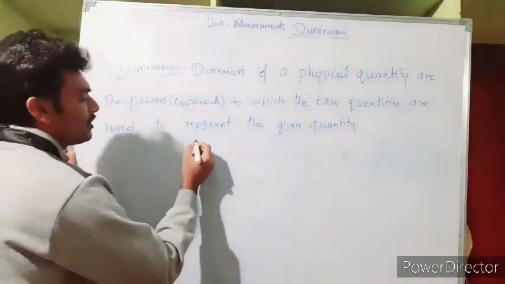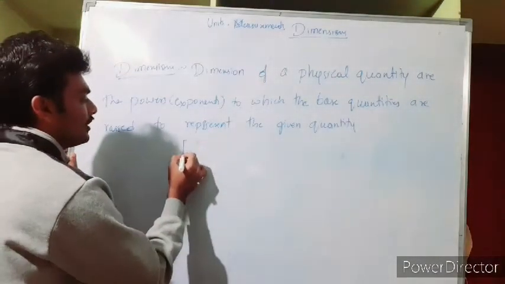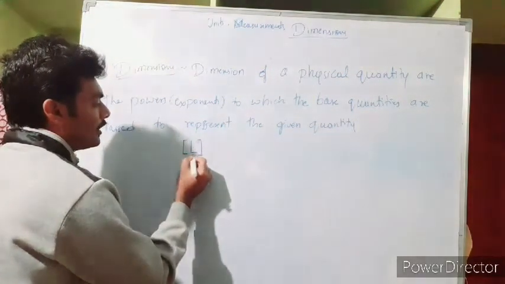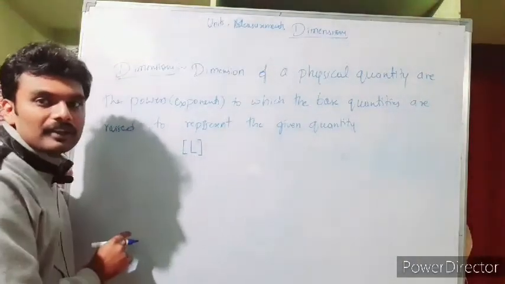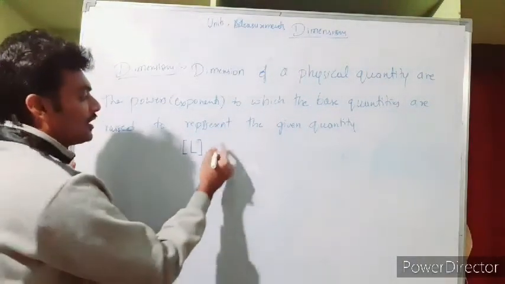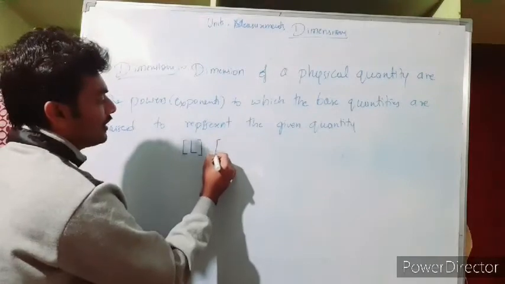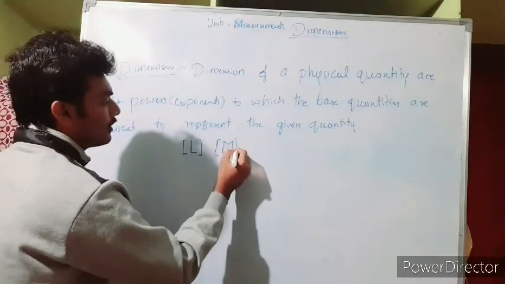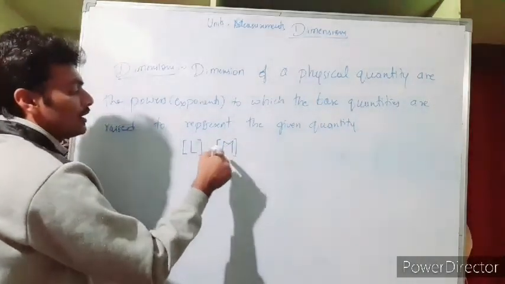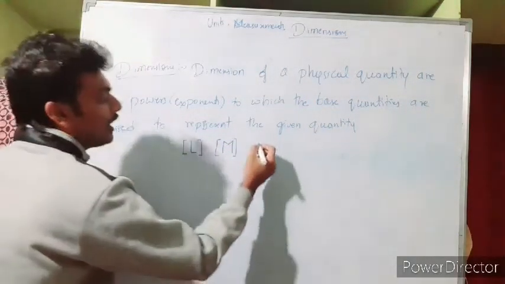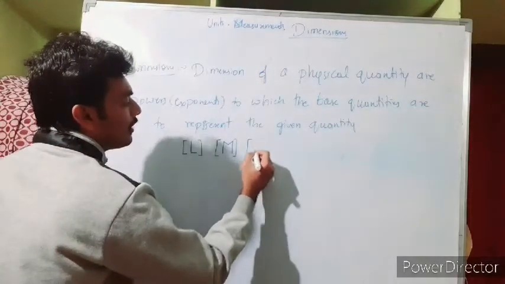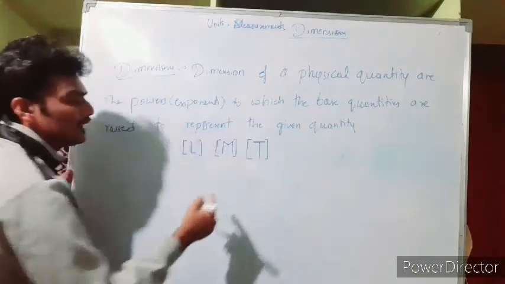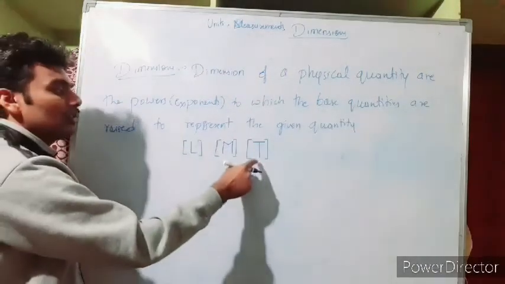The dimension of length is simply a square bracket including capital L inside it. Similarly, the dimension of mass is again a square bracket including capital M inside it, and a square bracket including capital T inside it is the dimension of time.